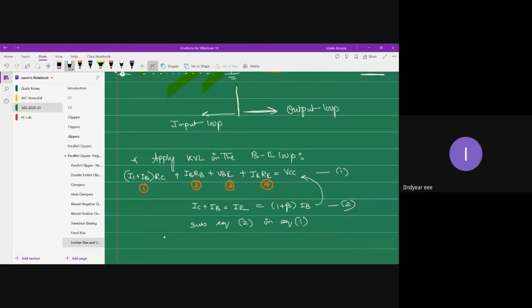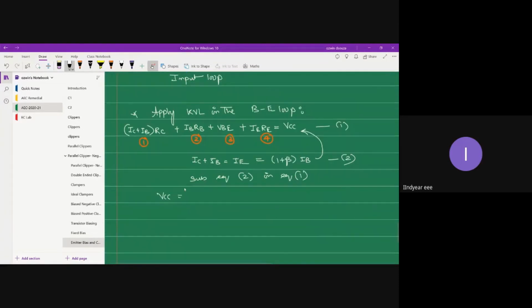I'll write VCC on the left hand side. That's the usual way, but it doesn't matter even if you keep it on the right. Don't break your head. So IC plus IB is IE, and IE can be written as 1 plus beta times IB. So I'll write this as 1 plus beta times IB into resistance RC, plus IB into RB, plus VBE, plus IE into RE.